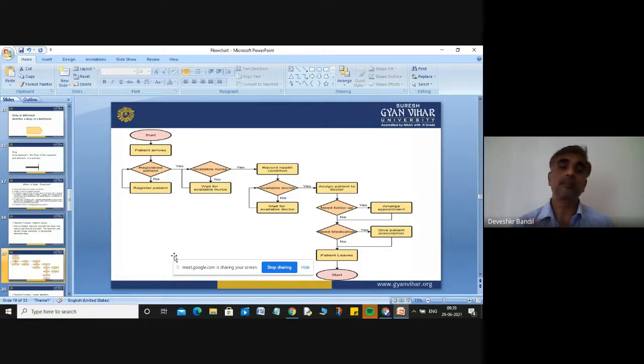After registering the patient, is a nurse available? If the nurse is available, yes, you go to record health condition. If nurses are not available, wait for an available nurse. Record health condition.